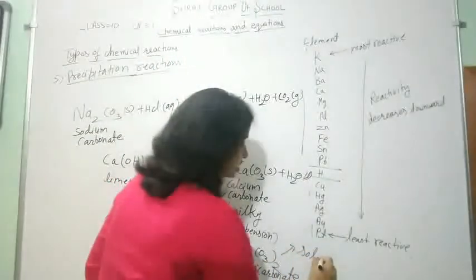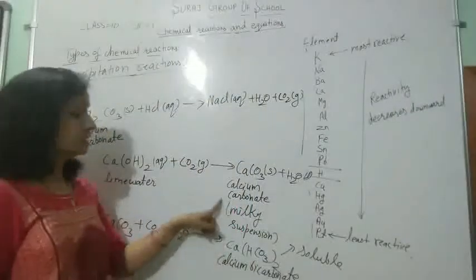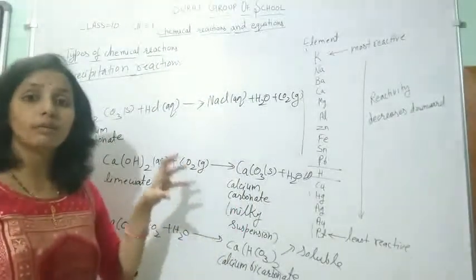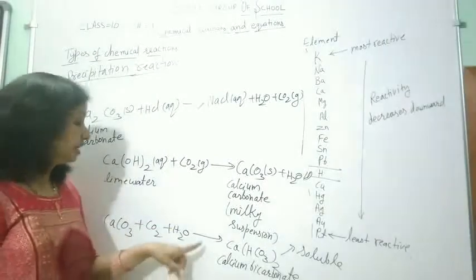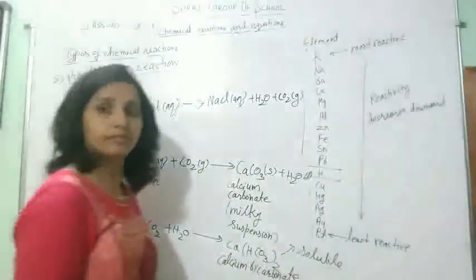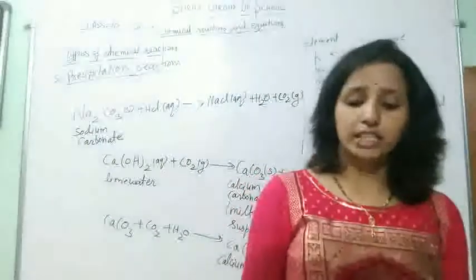This compound is soluble, so the milkiness disappears due to the excess amount of CO2 supplied to the calcium carbonate. These are the examples of precipitation reaction.